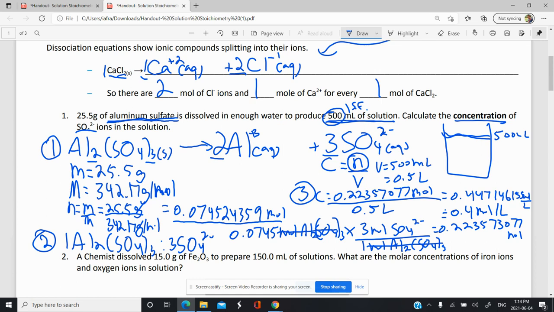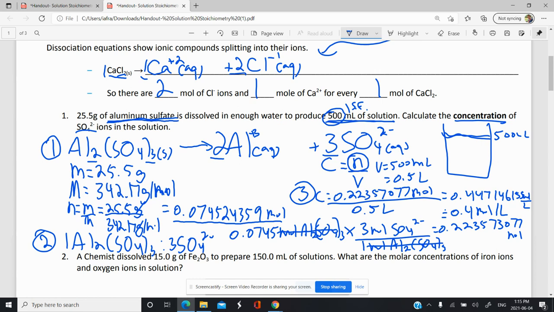Yes, good point to bring up. So in a question like this, you could have actually just found the concentration of the aluminum sulfate first and then multiplied by the mole ratio right off the bat. It works for these type of questions because your volume is not changing. Your volume is only 500. Because you're not mixing anything, you can do a mole ratio with the concentration.